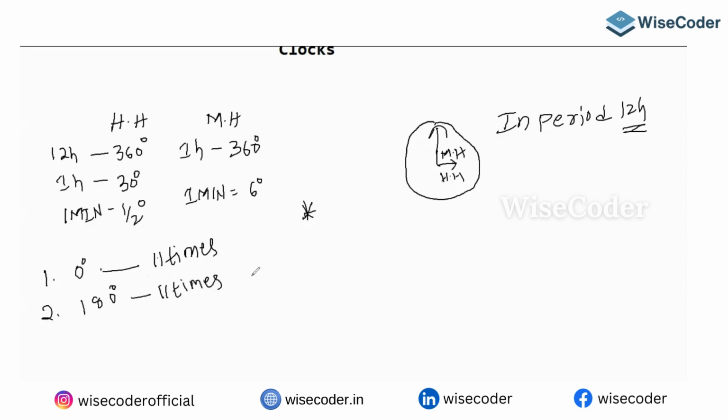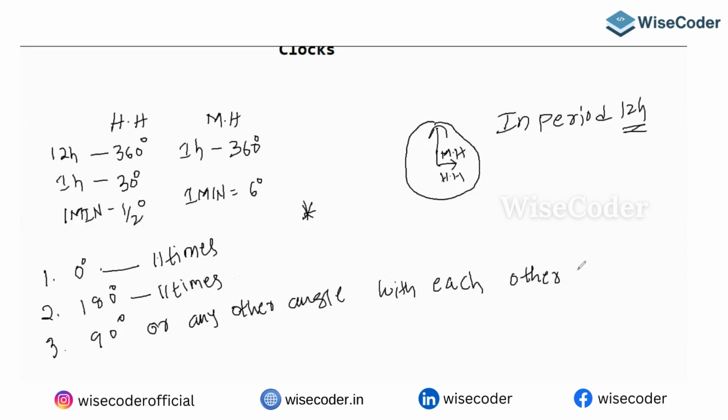What do you mean by 180 degrees? Remember, they lie on the same straight line. That's called 180 degrees. And the third one, 90 degrees or any other angle with each other will be 22 times.